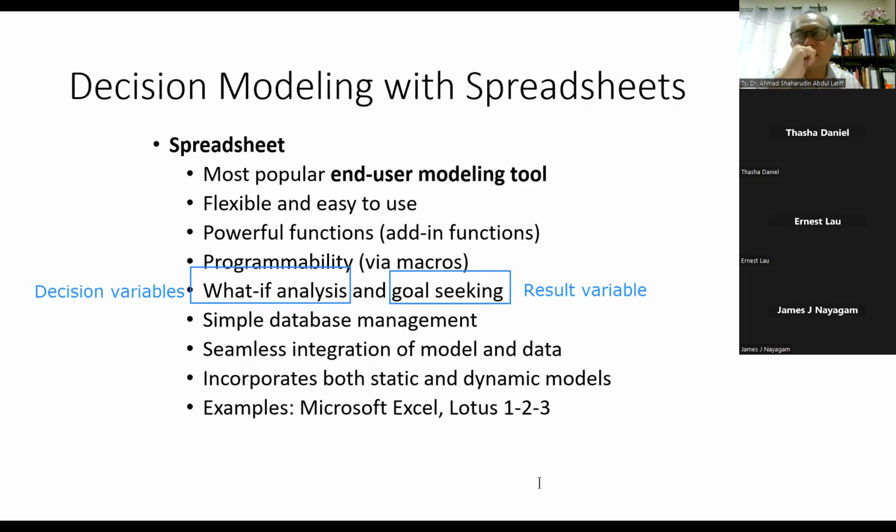For example, your board of directors decided that you are now making a profit of say 10 million per year, and the management decided that you have to increase it by 20%. Is it decision variables or result variables? Result variables.